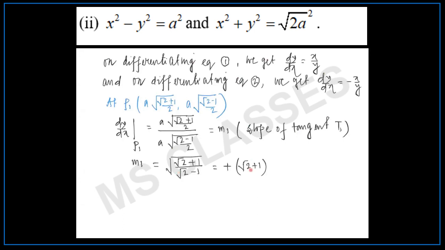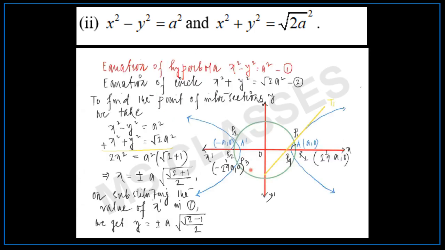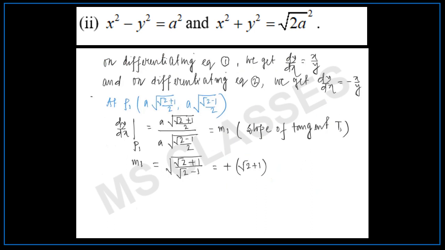Now we try to find the slope of the tangent drawn to the circle at the point P1. That we consider as this, which we name as T2.